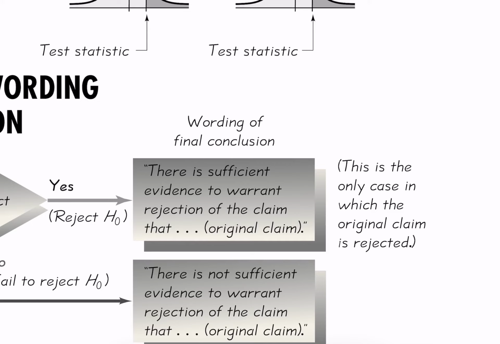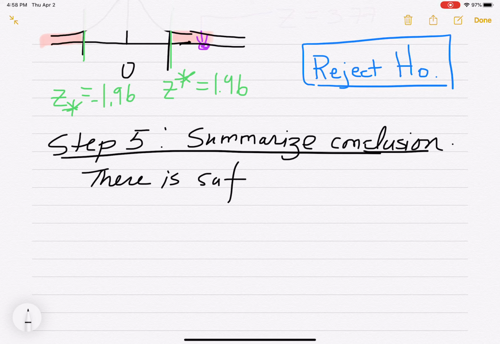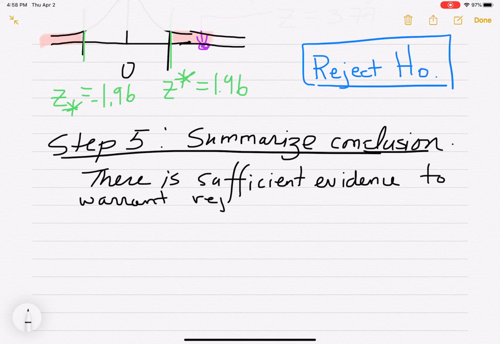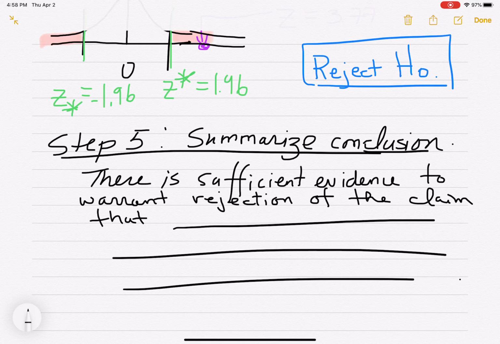So we're going to say there is sufficient evidence to warrant rejection of the claim that, and you just fill in what was the claim. Remember what the claim that we're testing was.